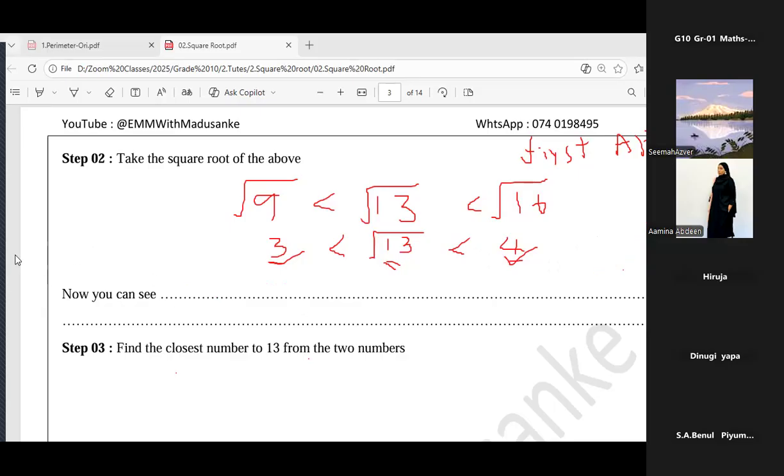Sorry. Once you finish writing, please let me know. Seema and Netuli, please write this, and you can send me D for done.